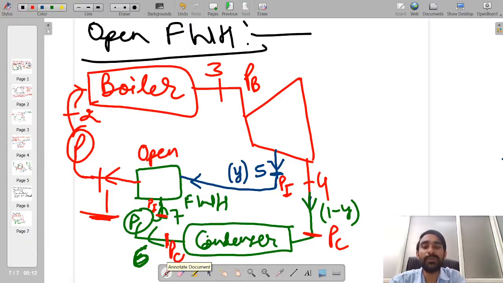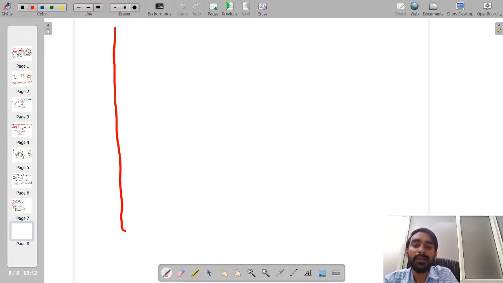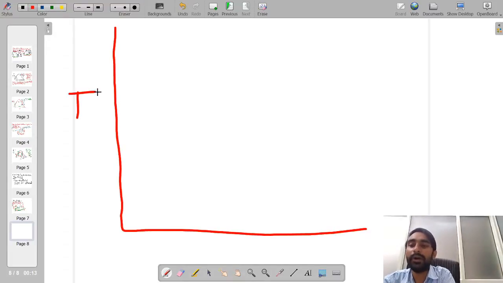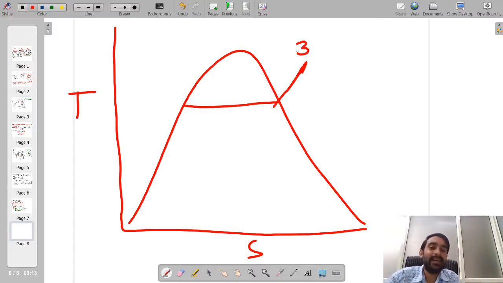Okay, now let us try to plot this whatever we have represented with the help of schematic representation. Let us try to represent it on a TS diagram. Okay, so now if we plot the TS diagram for open feed water heater process, what has happened? So we are having certain, say this is our point number 3 which is the point corresponding to the exit of the boiler or inlet of the turbine.